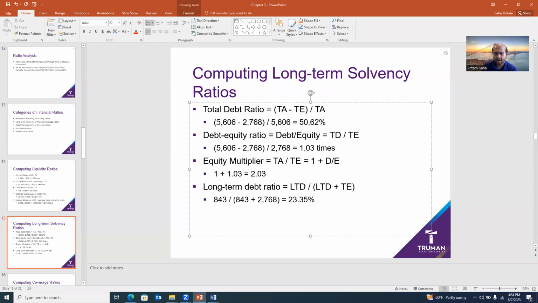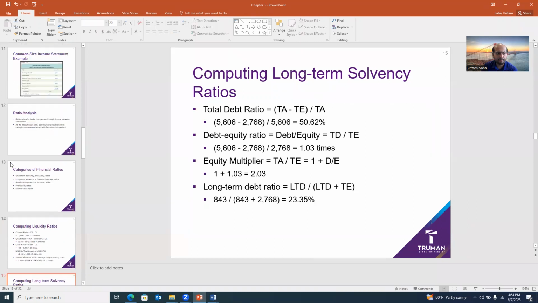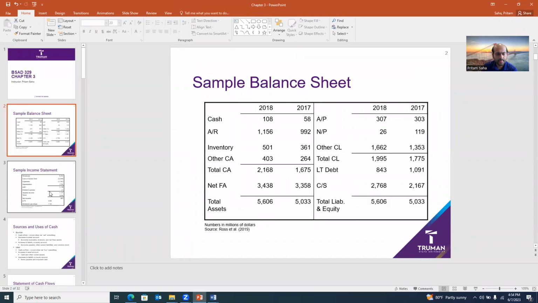Where do the values come from? Let's go up. Total assets are 5606. Total debt is the summation of these two, and this is total equity, 2768, divided by total assets.